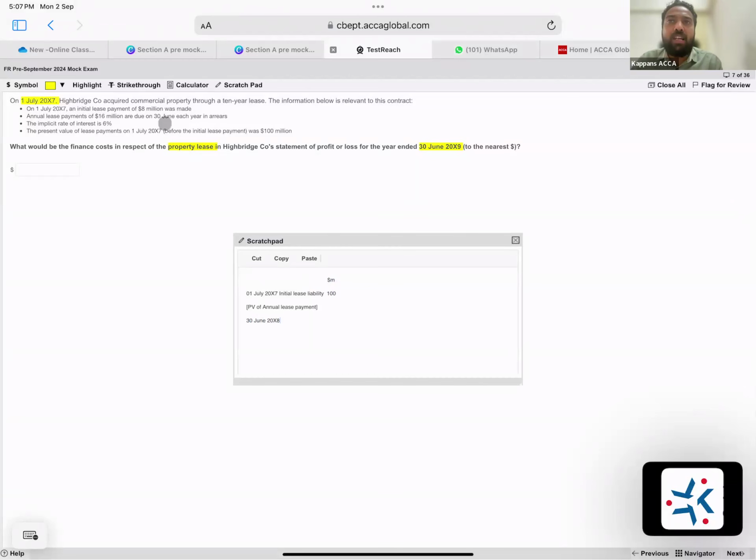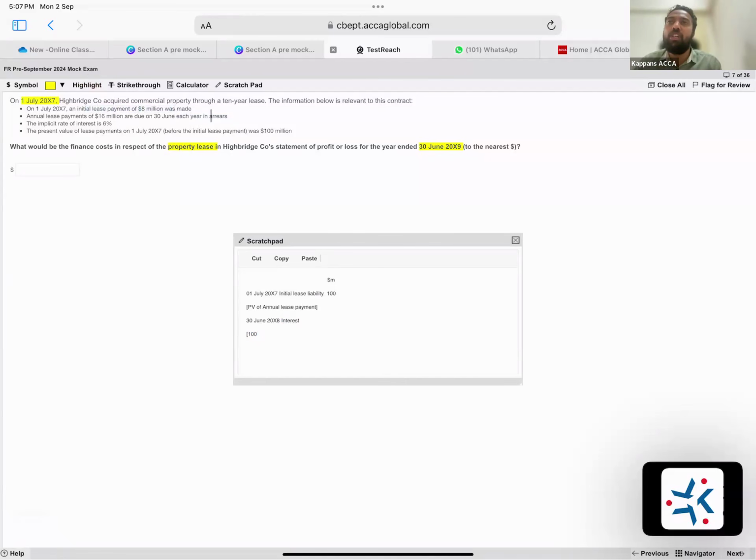Now annual lease payments are due each year in arrear. Arrear means it is at the end of the year. So if it is at the end of the year, first we have to add interest, then deduct annual lease payment. But before you go to that, there is a very important information in this question. On 1st July X7, an initial lease payment of 8 million was made.